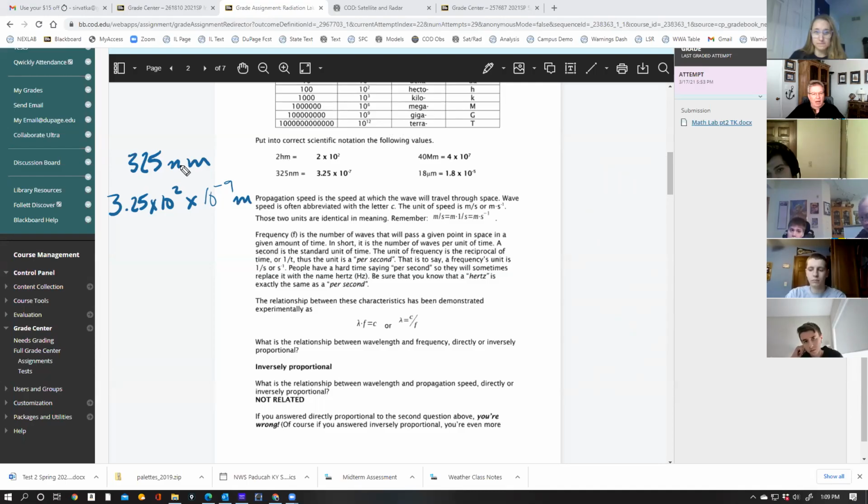So again, keeping in mind what I'm doing, 325 is 3.25 times 100, or times 10 squared. Then nano means times 10 to the -9th, and meters is a meter. So I put them all together, and I get 3.25 times 10 to the -7 meters. Now, this is what he has, minus the meters. So he got that right. But what if he got this wrong? What if he said 10 to the 7th?